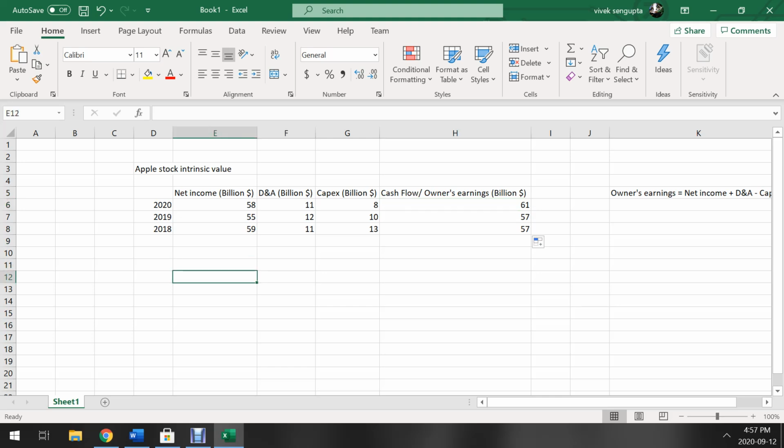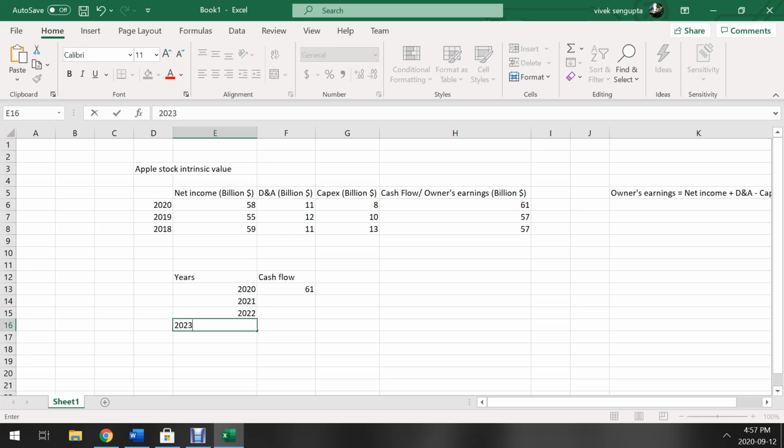We'll write here years, and we'll see here cash flow from the business. You can start with 61 billion for the year 2020. 2021, there will be something, 2022, 2023, like this.